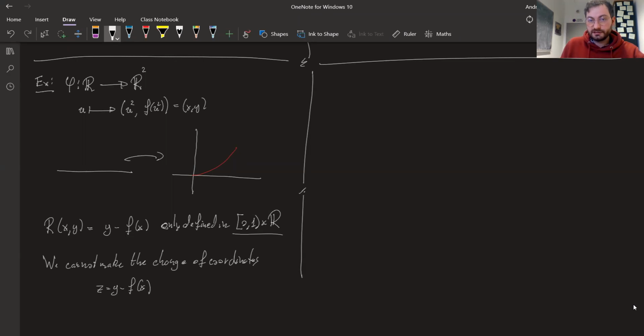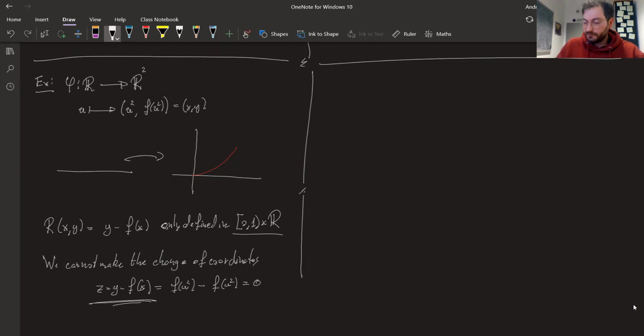If we were able to do this change of coordinates, this morphism would become monomial, because what is this? This is just f of u squared minus f of u squared, which is 0. So the morphism would be given by u squared, 0, monomial. But we cannot do this change of coordinates because it's not well defined in an open neighborhood of the origin.